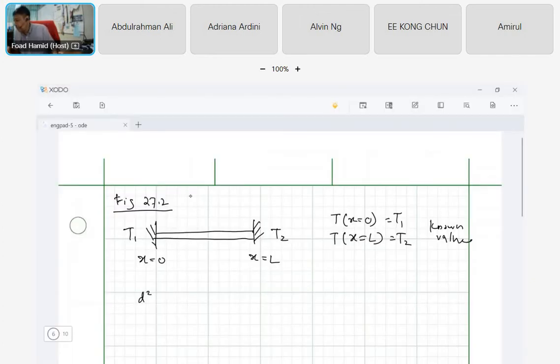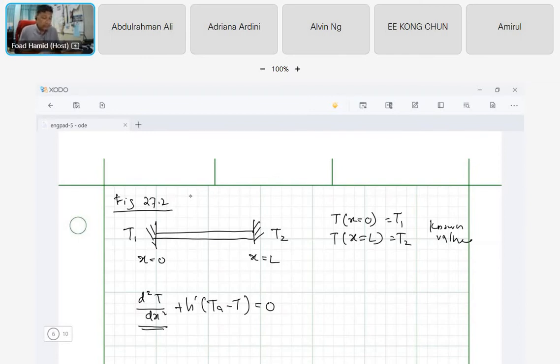I think this is what we call Laplace equation, if I'm not mistaken. d²T/dx² plus h prime (Ta minus T) equal to 0. Note that, again, this is a second order ODE.